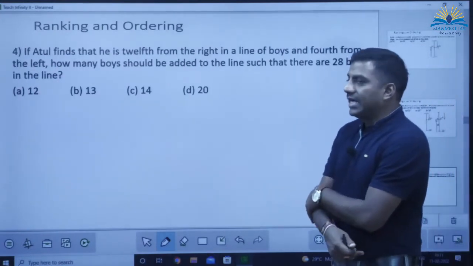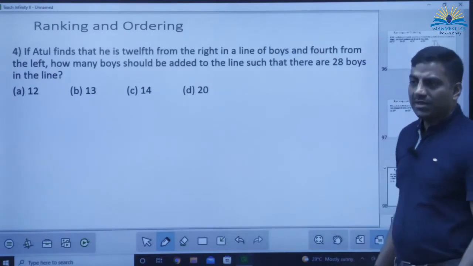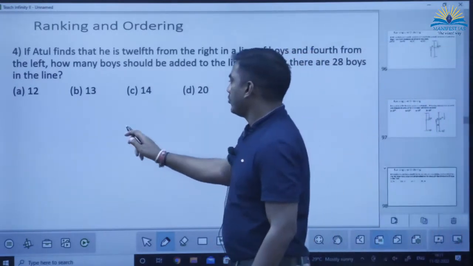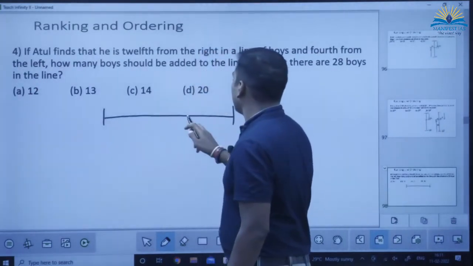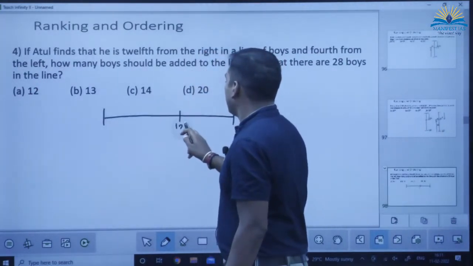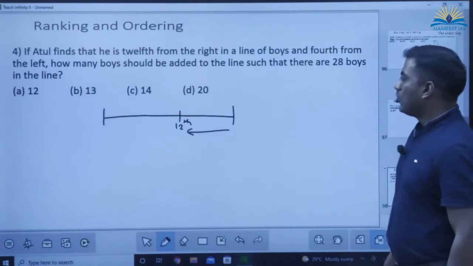If Atul finds that he is 12th from the right in a line of boys and 4th from the left.